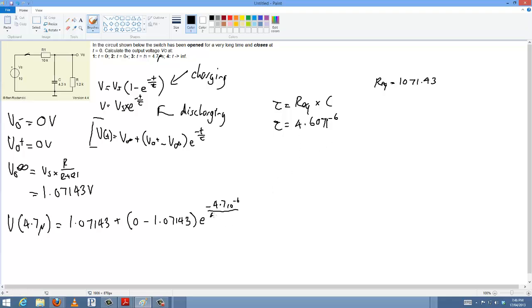So that means we have 4.6071 times 10 to the negative 6, and these cancel. So when you shove it in our calculator, we get the answer, fingers crossed.